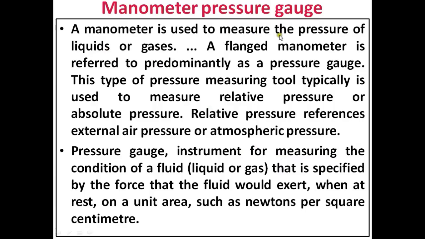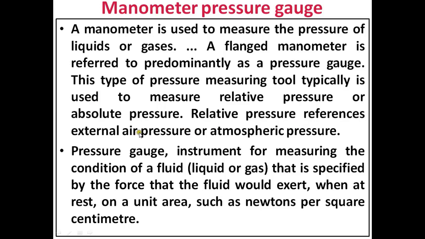The manometer pressure gauge is used to measure the pressure of liquids or gases. A flanged manometer is referred to predominantly as a pressure gauge, and this type of pressure measuring tool is typically used to measure relative pressure or absolute pressure.